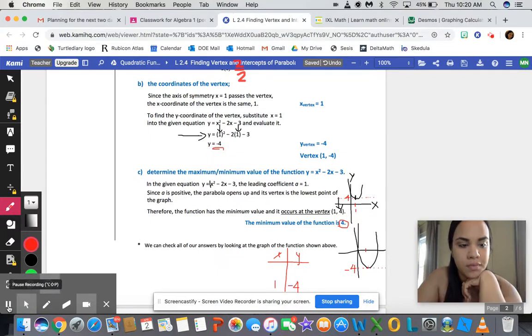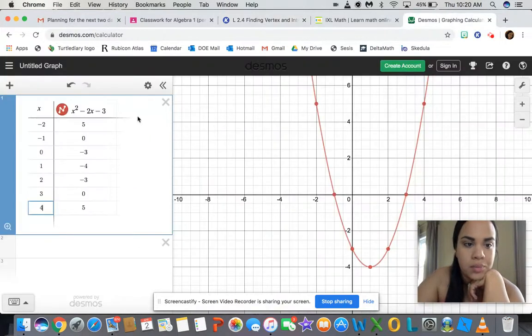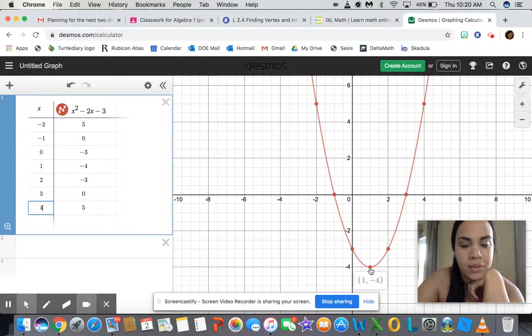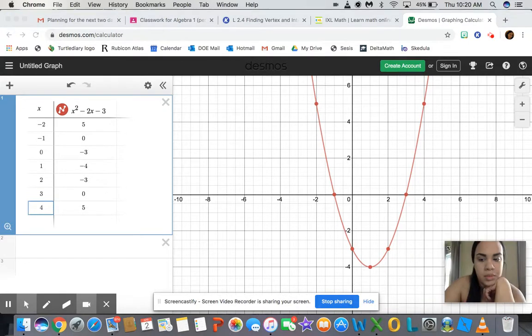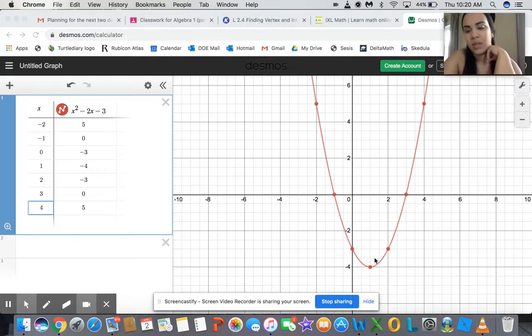Okay. So I'm going to look at the decimals because my camera is not picking up my calculator here. When I put the function here again, I'm going to see my vertex over here. And let me put myself smaller. I'm going to see my vertex, which is 1 comma negative 4.